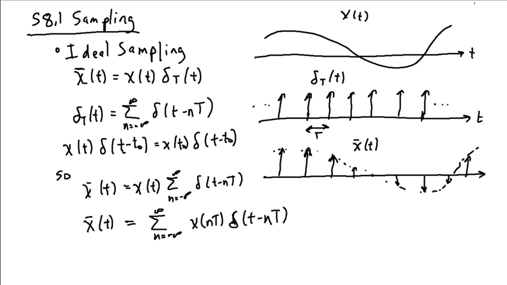Let's take a look now at the Fourier transform of x of t. We'll call that X of omega. Since I can write x over bar of t as the product of x of t and that impulse train, I can find the spectrum of x over bar of t by convolving X of omega with the Fourier transform of my ideal impulse train.